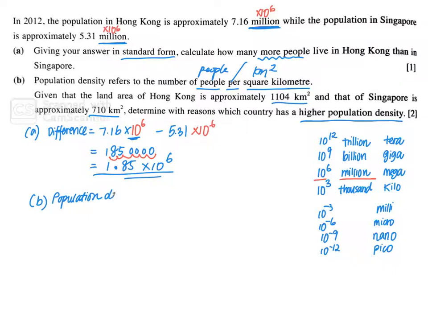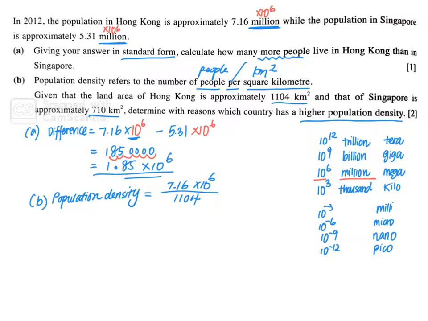Population density for, let's start off with Hong Kong. Hong Kong population density is people divided by the land area. So the people is 7.16 times 10 to the power of 6, 7.16 million, divided by 1104 kilometers square. They give me 1104 kilometers square already.